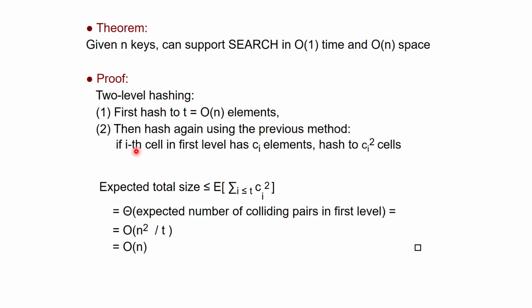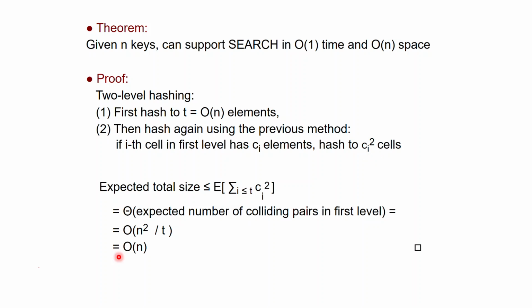So if the ith slot of the table in the first level has some number c sub i elements, then you're going to hash to c_i squared cells.